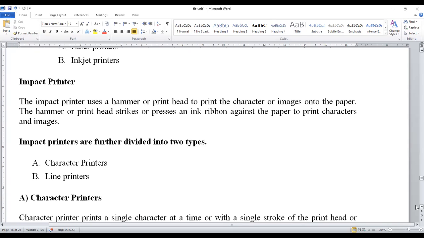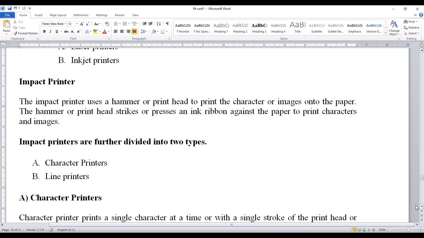First, impact printers. The impact printer uses a hammer or print head to print characters or images onto the paper. The hammer or print head strikes or presses an ink ribbon against the paper to print characters and images.